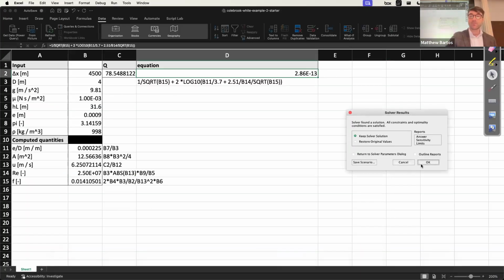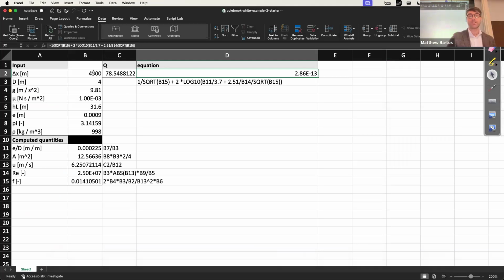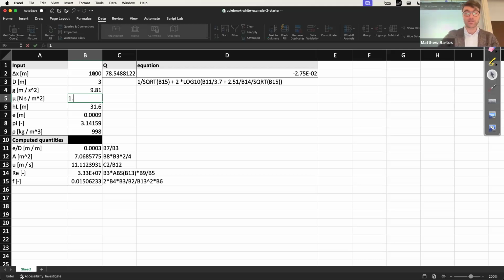Everything else will be the same, but we can change our distance to 1,000. We can change the diameter to 3, viscosity to 1.307 times 10 to the negative third. Head loss is now 2 meters per that 1,000 meters. Roughness height is 0.6 divided by 1,000, and density is 999. Everything else should remain the same.